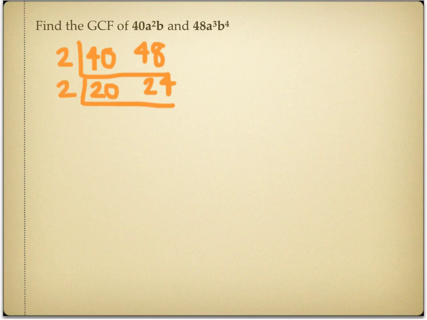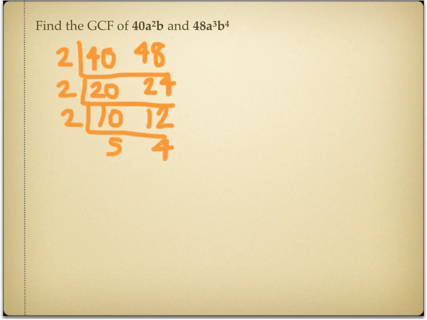Looks like 2 will go into these again. I'll get 10 and 12. And again, and then I get 5 and 4. And then I'm done, because there's no other number that divides evenly into 5 and 4. So my greatest common factor, the number parts, is going to be 2 times 2 times 2, which is 8.